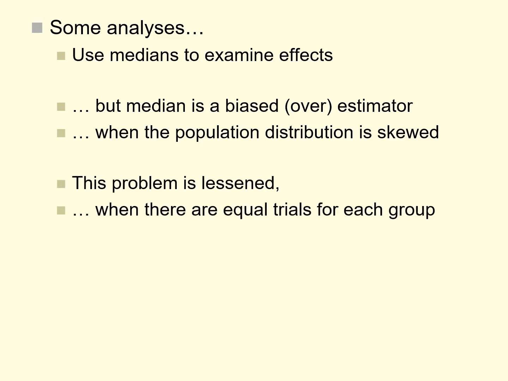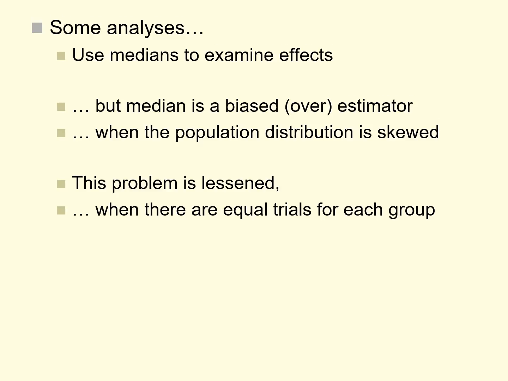Now, interestingly, this problem of overestimation is lessened if all the groups in your study have an equal number of trials. So if you had some people who saw one set of primes or stimuli and another group who saw another, provided that both of those groups went through the same number of reaction time trials in your study, it's not that big a deal because both groups are biased equally or roughly equally, and thus any biasing effect kind of is averaged out, which is a little bit of an awkward way of saying it, but you don't compound that bias or create a situation where the bias interacts with group, masquerading as an effect which isn't really there.